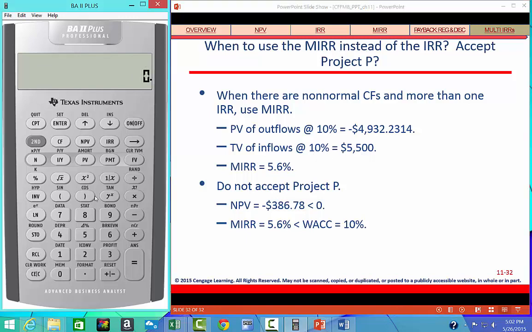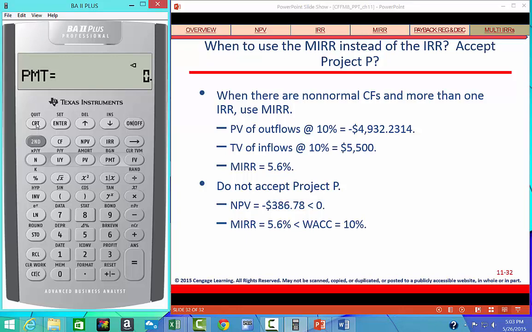And I could go to my calculator and put negative 4,932.23 as the present value. The terminal value of the inflows is my future value, so 5,500 future value. This one was a 2-year project, and payment is 0.